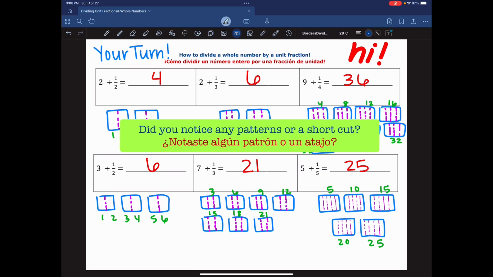As you worked, did you notice any patterns or a shortcut? Drop it in the chat if you did.